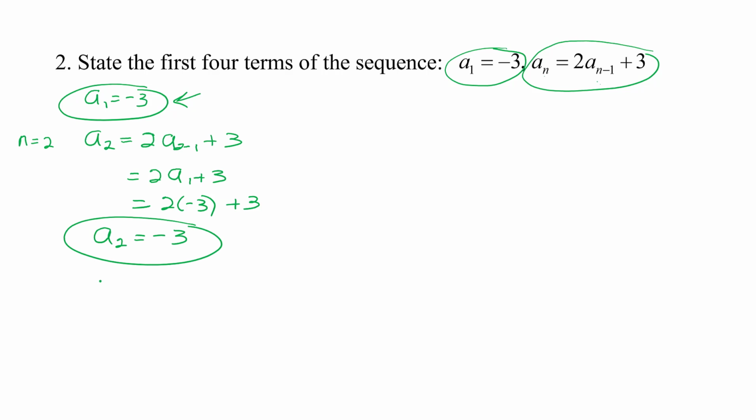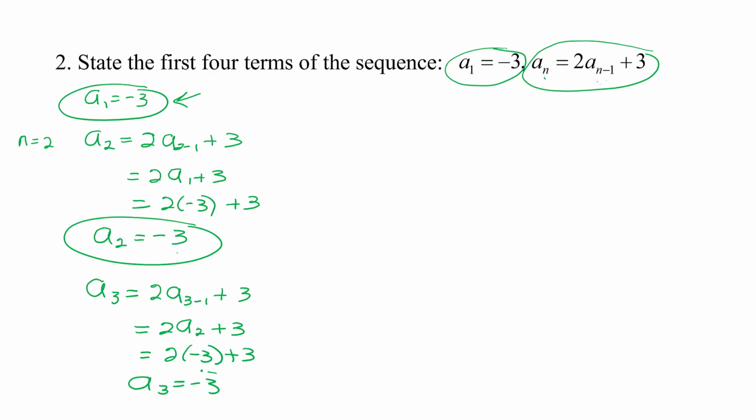For a sub 3, we plug in 3 for n, so we have 2 times a sub 3 minus 1 plus 3, or 2 times a sub 2 plus 3. A sub 2 was -3, so we can write this as 2 times -3 plus 3. Simplifying, we get a sub 3 equals -3 again.